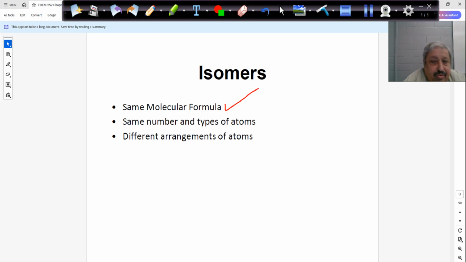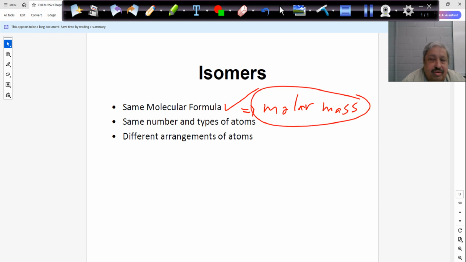So molecular formula means this is molar mass. If you calculate the molar mass for each isomer of a compound, you will see them the same, because you don't add any other atoms to them. They are 100% identical. So they have identical molar mass, number of atoms there, correct?